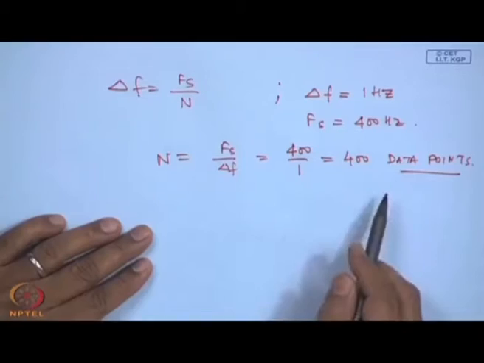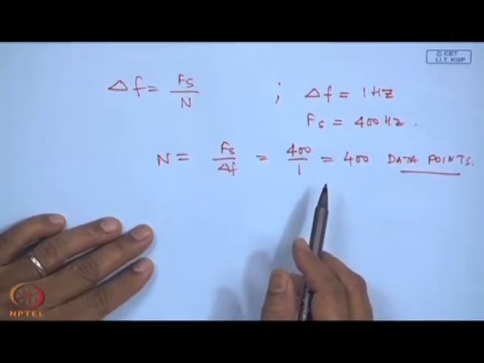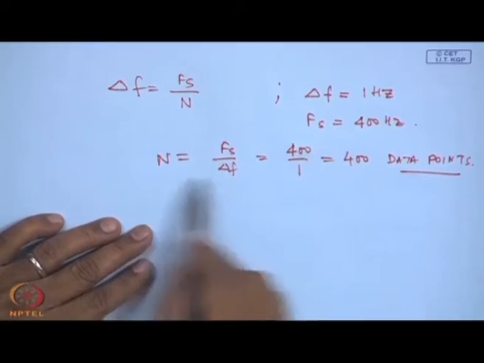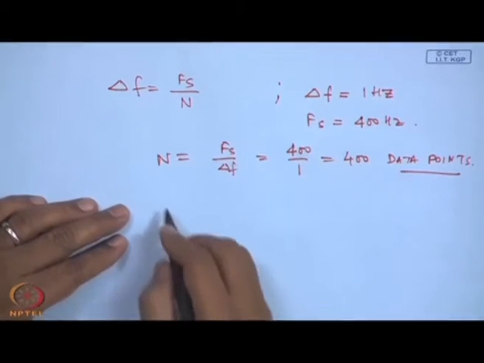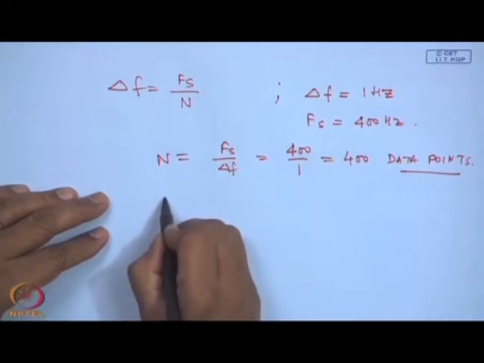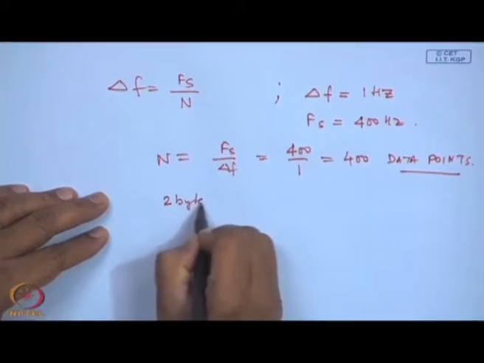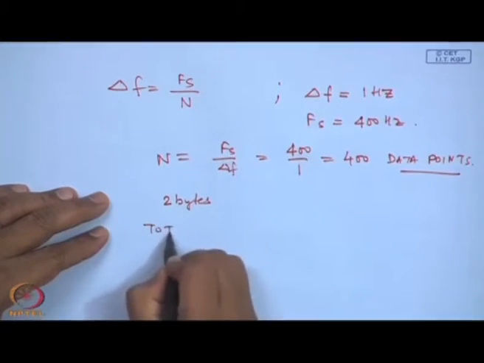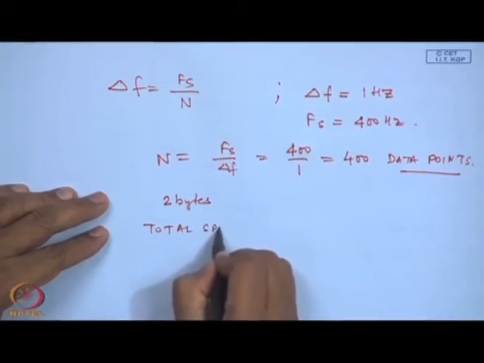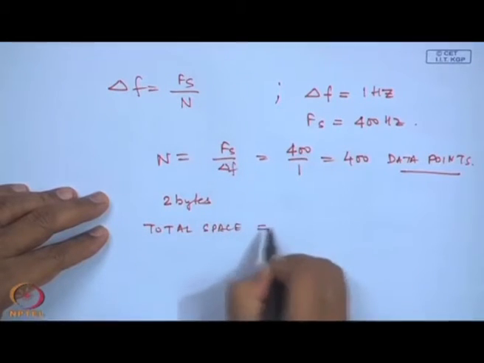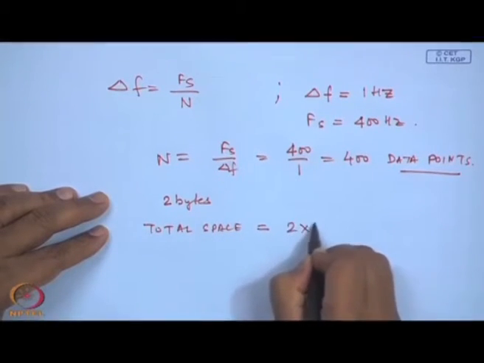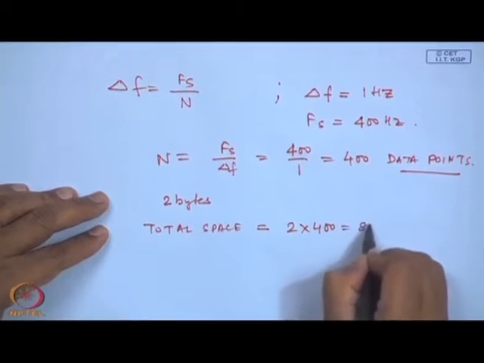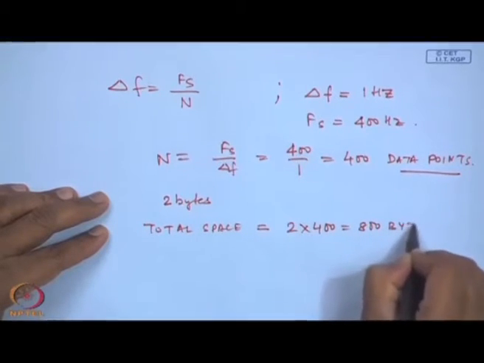So, just assuming that one block of data is being used, we have to take 400 data points. Each data point requires 2 bytes of space. So, total space is equal to 2 times 400, that is equal to 800 bytes.